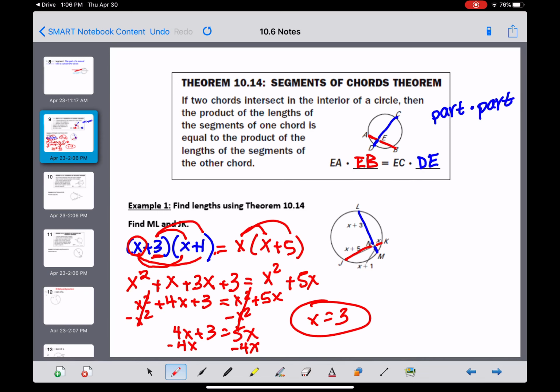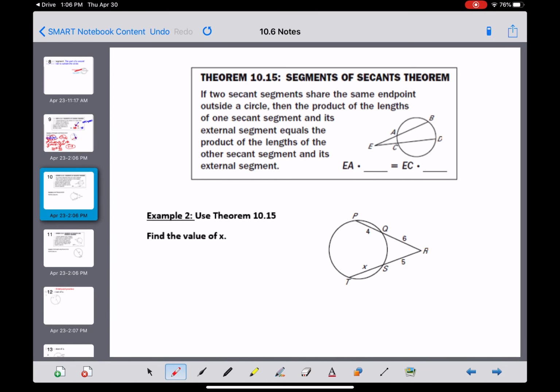Okay, the next picture is two secant segments. So you have two secants that are intersecting the circle at 2 points, but they're segments, so they don't go on forever. This theorem is going to be EA, which is the external part, the outside part, times the whole thing, so EB, and then EC times ED.